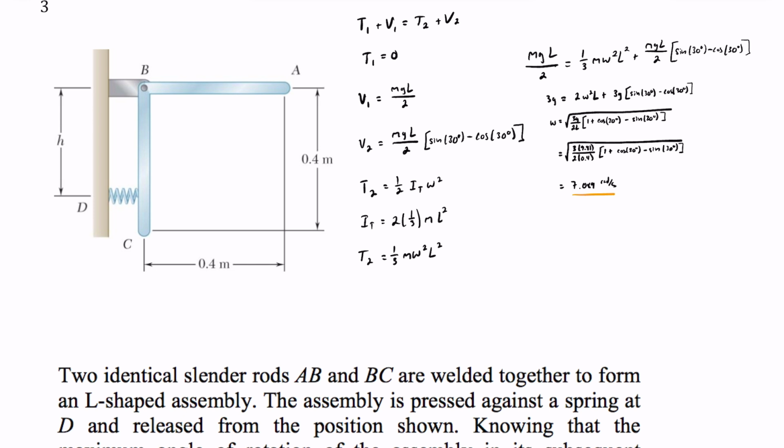I_T equals 2 times 1/3 mass times L squared. And then T2 equals 1/3 mass omega 2 squared L squared. So then you plug those into the energy equation, and you come out with omega equaling 7.089 radians per second.